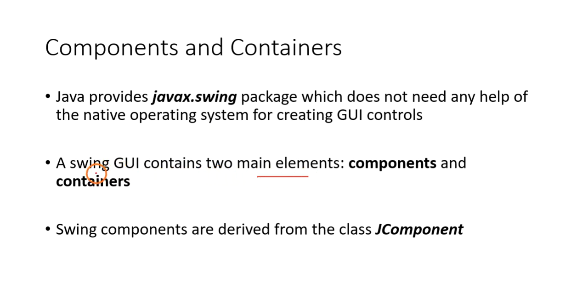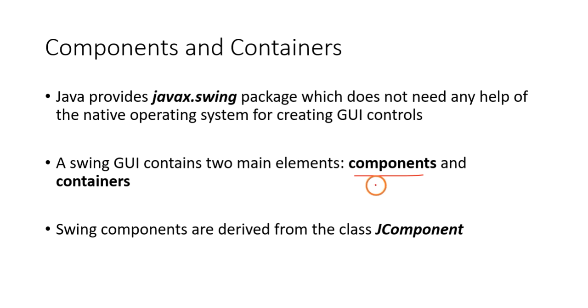The two main elements in the Swing GUI, that is this package, are components and containers. You can think of components as cookies, the things that you eat. When you have multiple cookies, how do you store them?